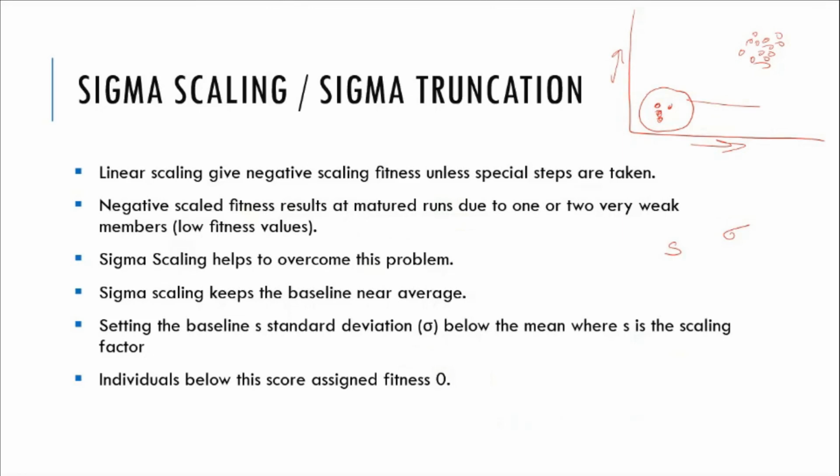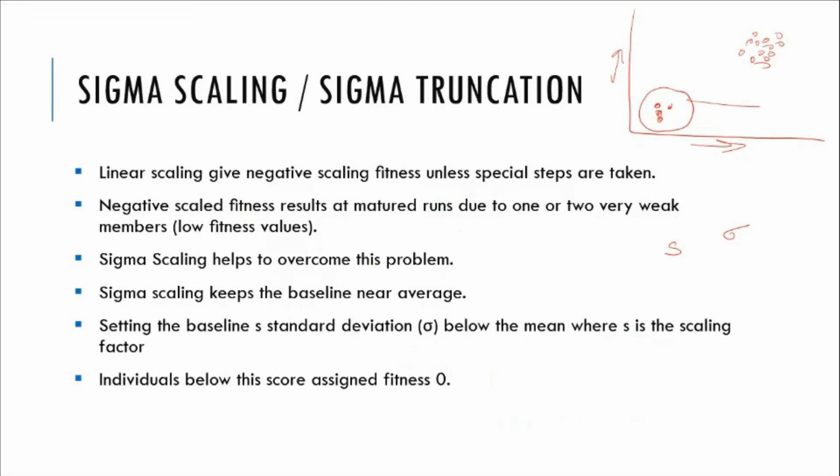The lowest fitness in the scaled fitness values is taken as the mean minus S times sigma. The individuals having fitness below this value are taken as having zero fitness, so those individuals will be truncated or removed from the population.